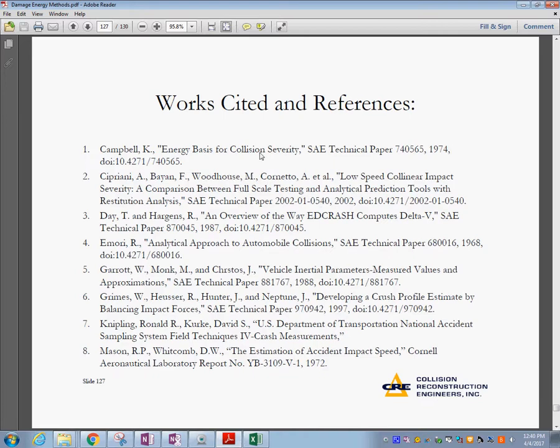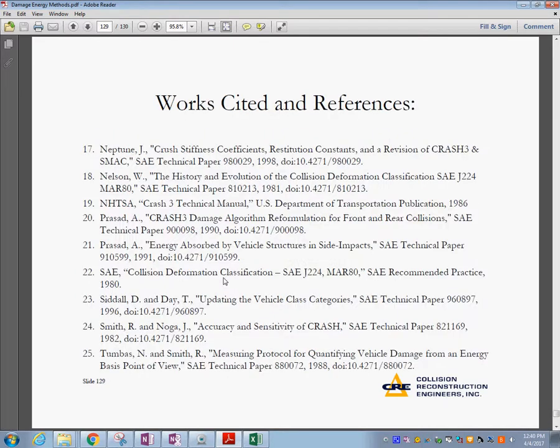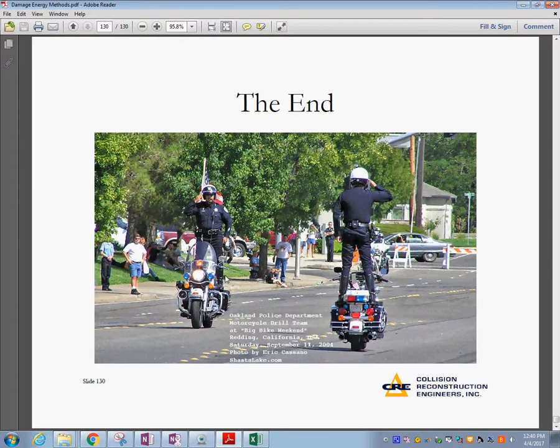Even the original Campbell paper is in here. The Mori paper also. Okay, got this.